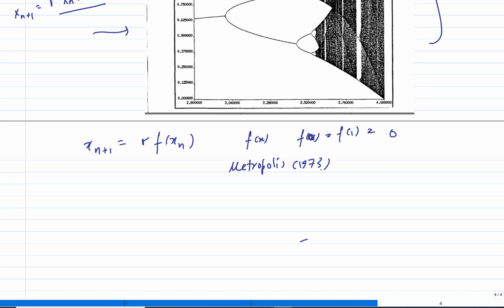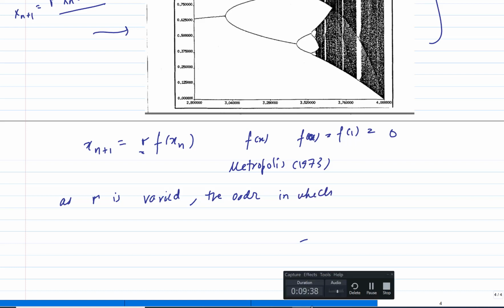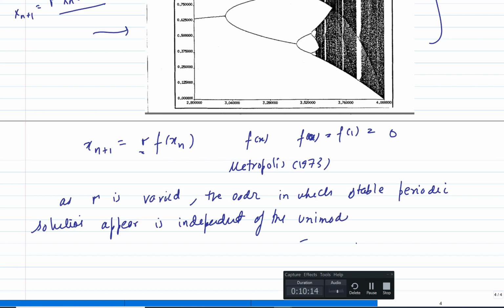They showed that as the parameter R is varied, the order in which stable periodic solutions appear is independent of the unimodal map being iterated.